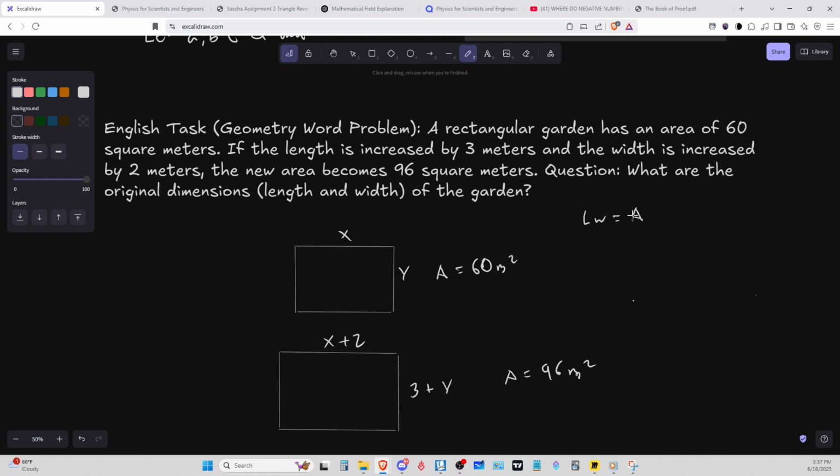So x times y is equal to 60, right? With geometry, once you know the formulas, you begin to see patterns. And this is why you have to learn algebra when you learn geometry, because at this point you have to remember this type of setup.